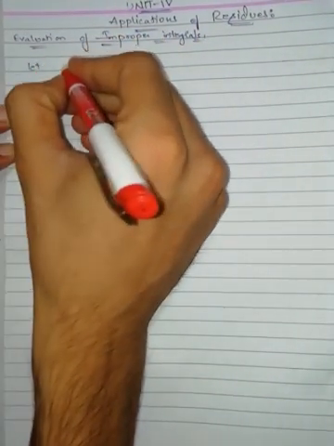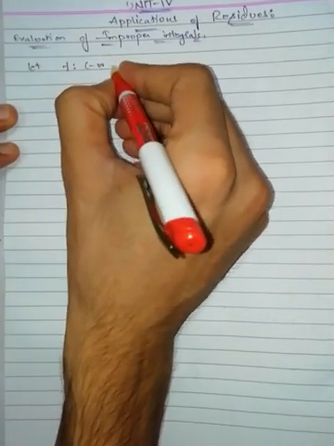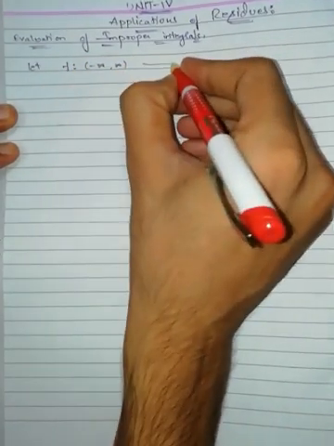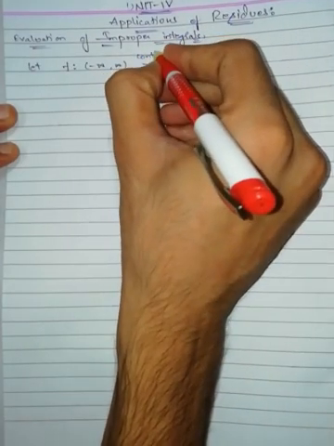Let f be a function which maps from the open interval minus infinity comma infinity to the set of all real numbers, which is continuous.